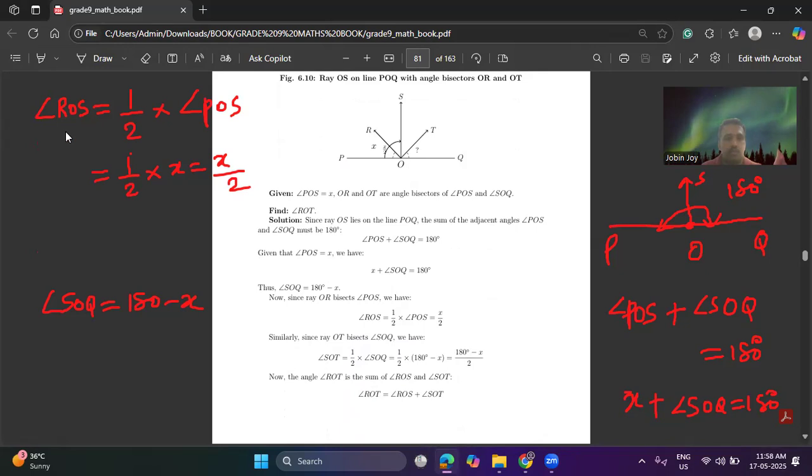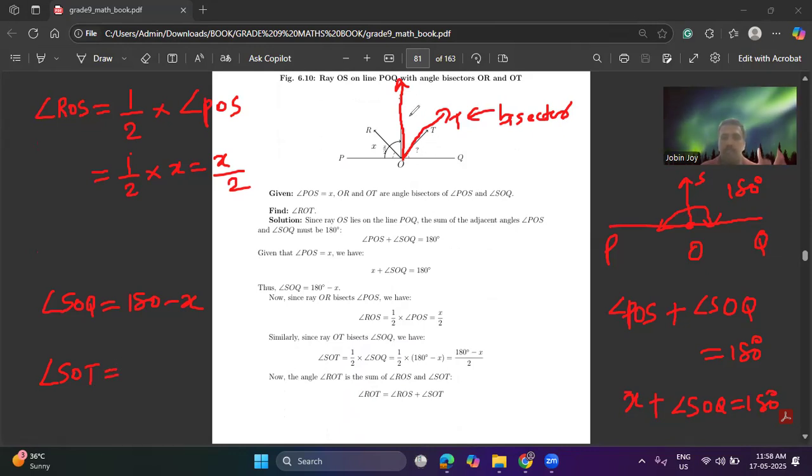Next, I am calculating this one. Again, this is OS and this is OT, the bisector. I am finding angle SOT. Bisector means half of the full angle, so half of SOQ.